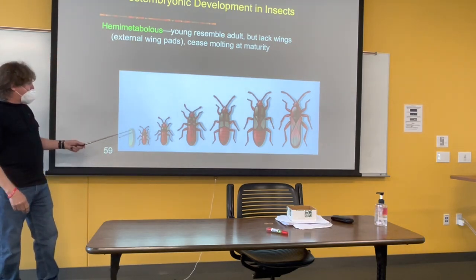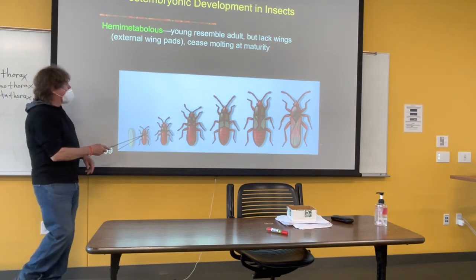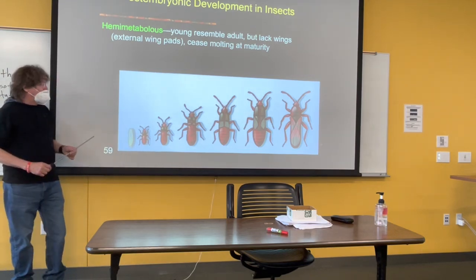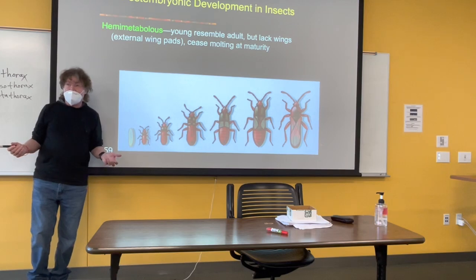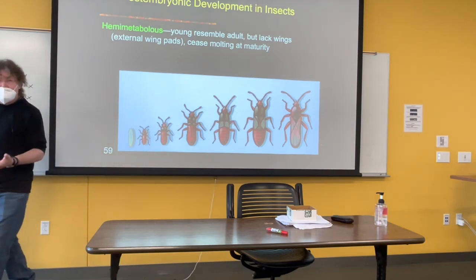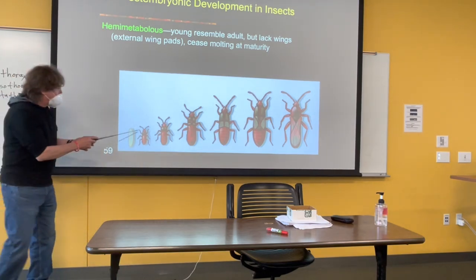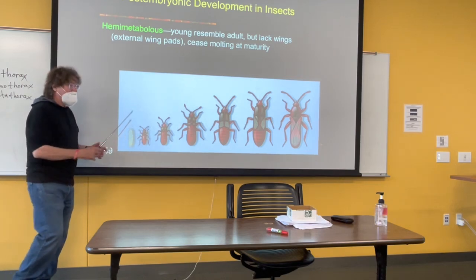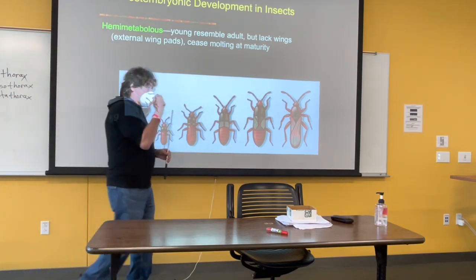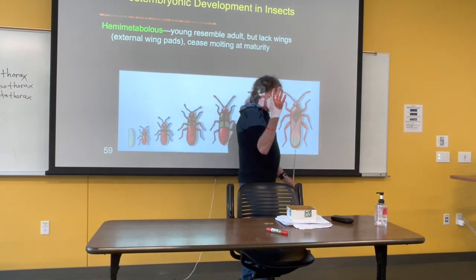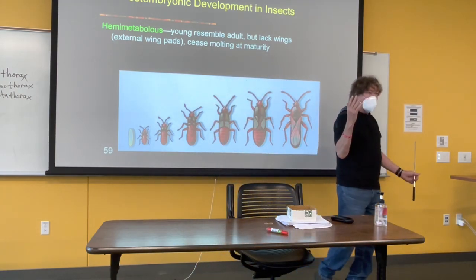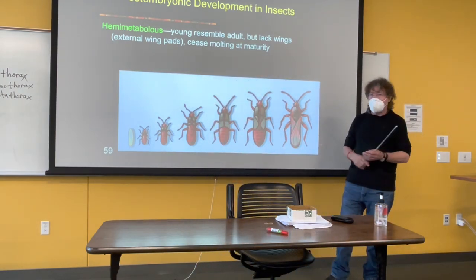So when they hatch, they look sort of like miniature adults, but they don't have full-fledged wings. They're also sexually immature, but many of them have a pair of wing pads. Okay, these are embryonic tissues that are sticking out. You can see them. They look like a pair of real short wings.